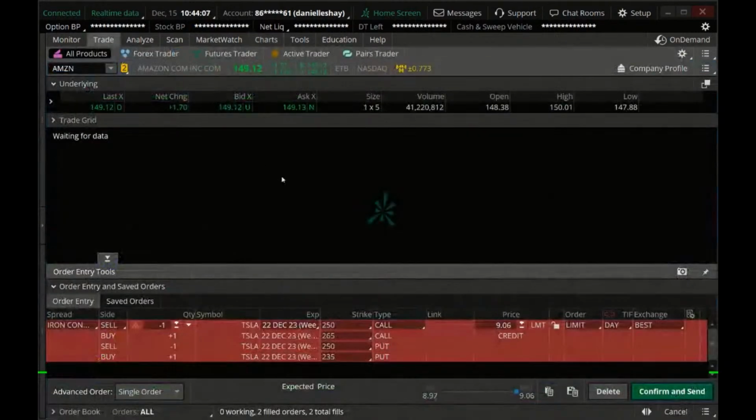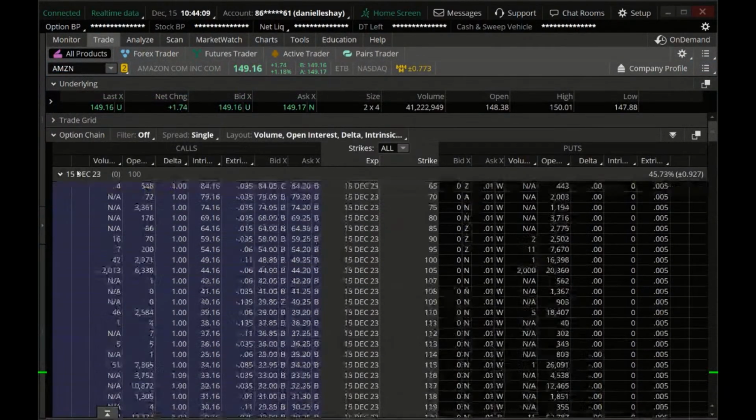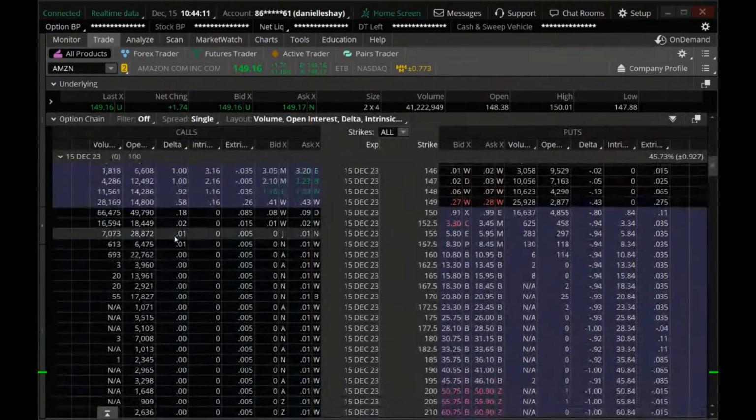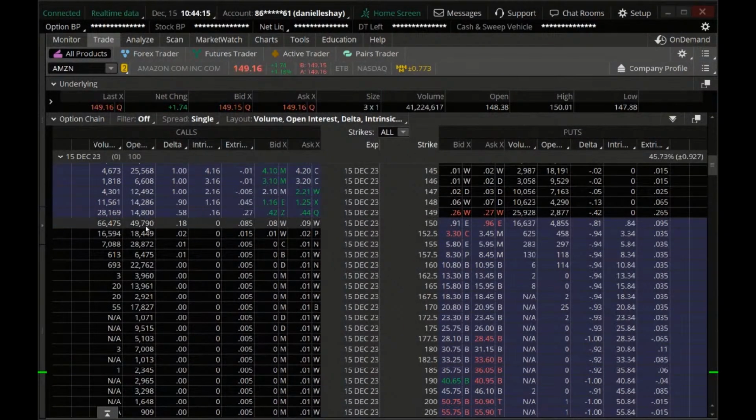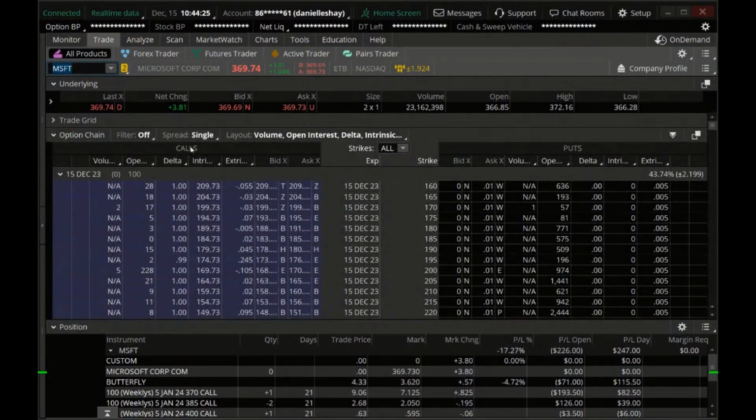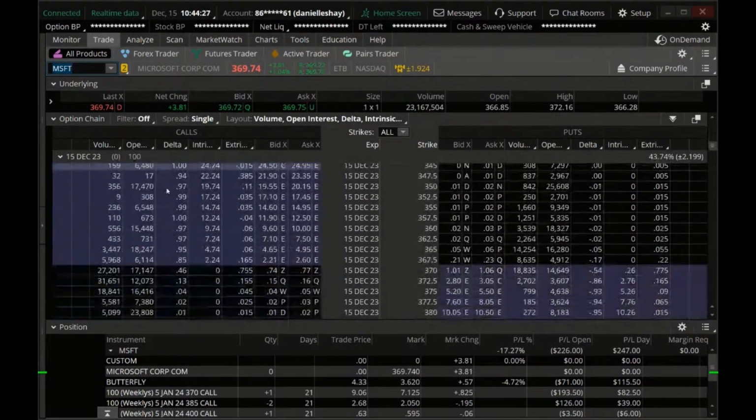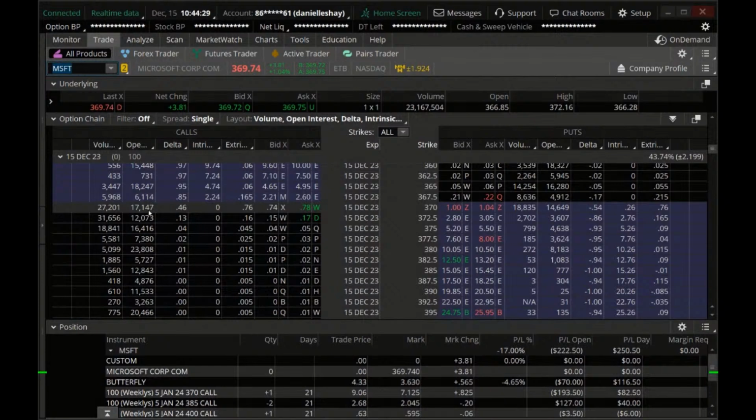So Amazon, if you look at it, the sticky point is 150. You have 49,000 contracts here, and it's trading at 149.17. If you look at Microsoft and you see what the sticky point is on this one, you've got 17,000 contracts here at the 370 strike.